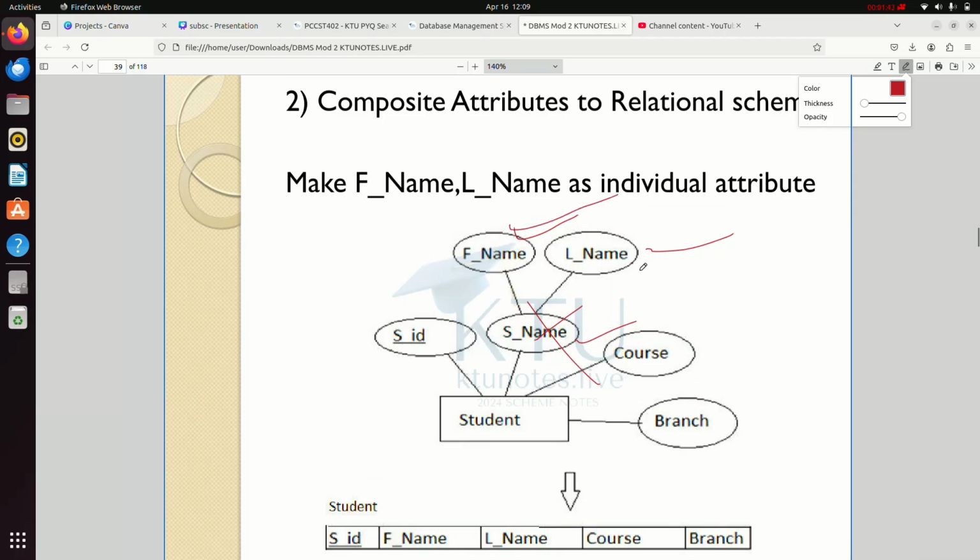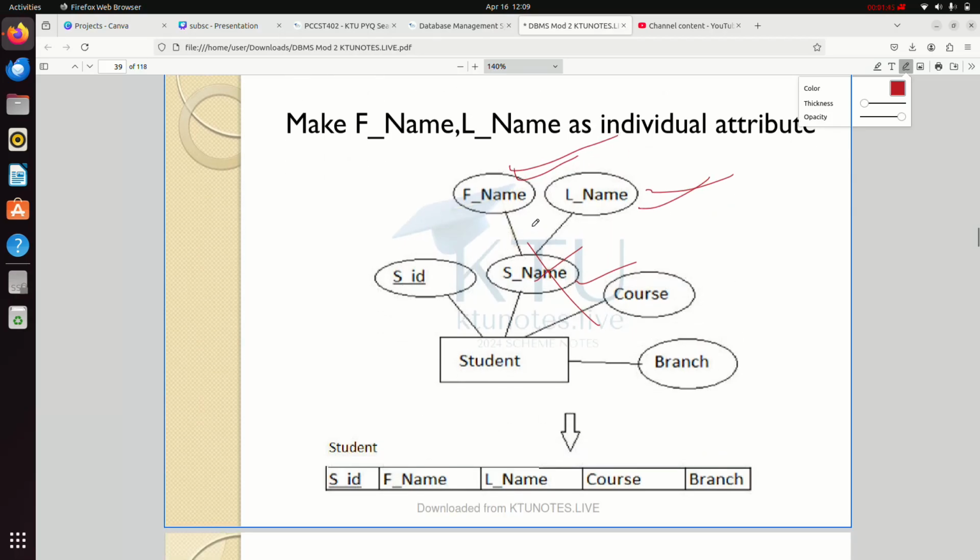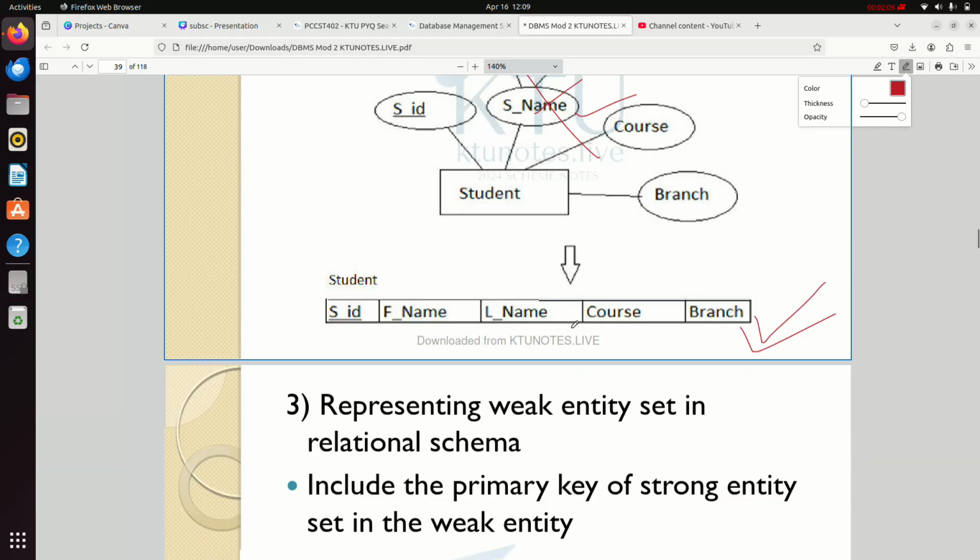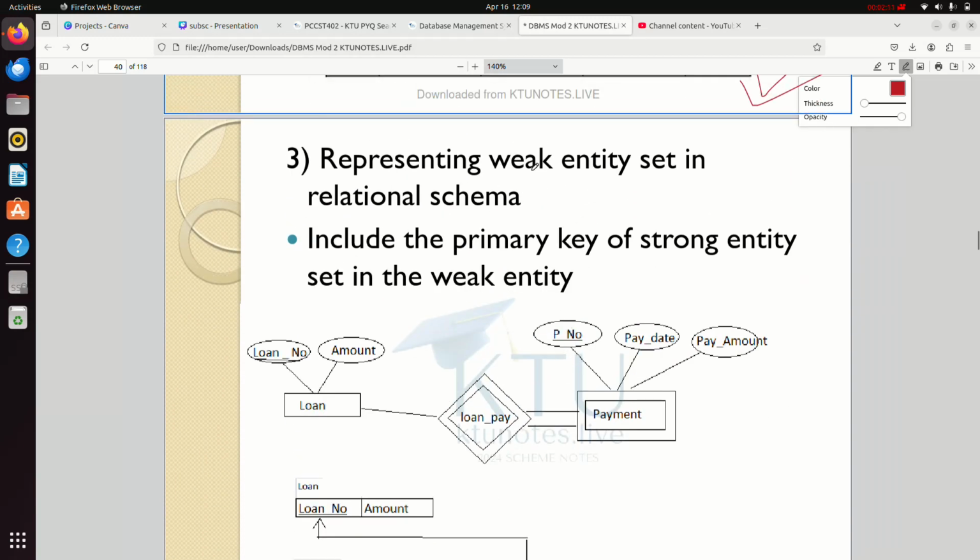We will only give F name and L name in the schema, because S name already contains them. So in the schema, we will write SID, primary key underlined, then F name, L name, course and branch. You're not going to write S name.